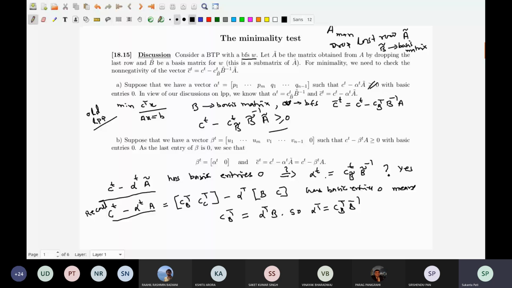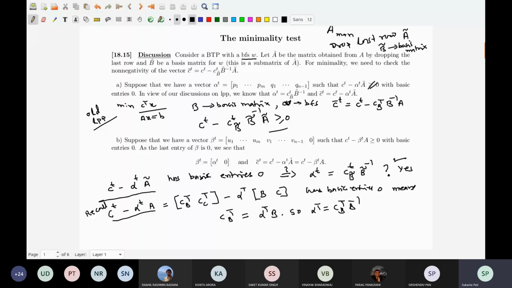So what is happening now? You have the matrix A tilde obtained from A by removing the last row, and then if you can find a vector alpha transpose such that C transpose minus alpha transpose A tilde has basic entry 0, then in that case this C transpose minus alpha transpose A tilde will be your C bar transpose. Now you do not have to take just alpha transpose.